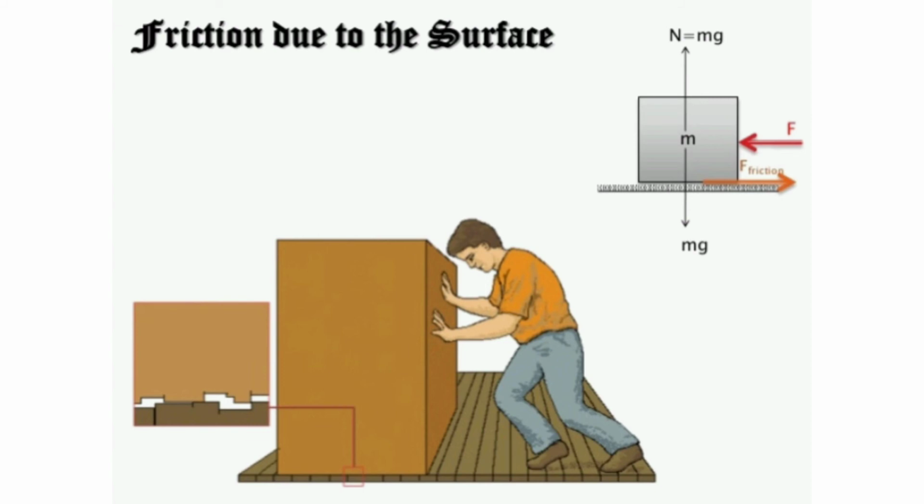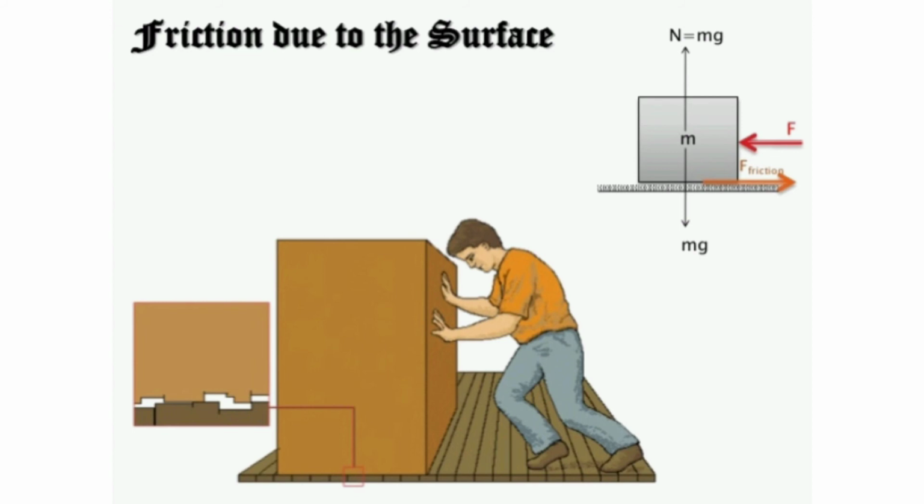If the friction is more on the floor, the box moves slowly. Friction between a crate and a smooth wooden floor is less than that on a rough floor.